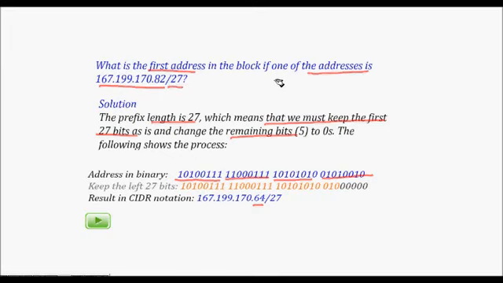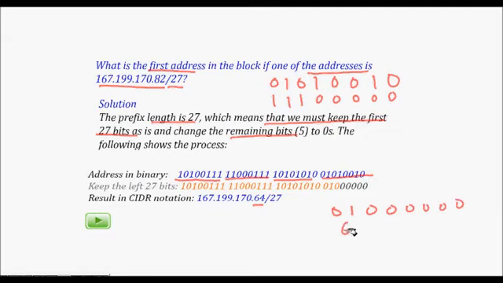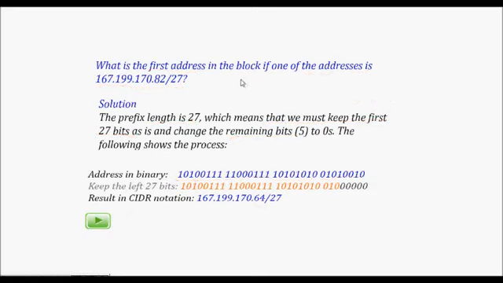What is it? 82. 82 can be represented as 01010010, and you need to have 27, so the last 5 bits are 0 and only 3 bits are 1. So we will get 0 1 0 0 0 0 0 0. This is 2 to the power of 6, so that's why we are getting 64 here. So you get the network address.